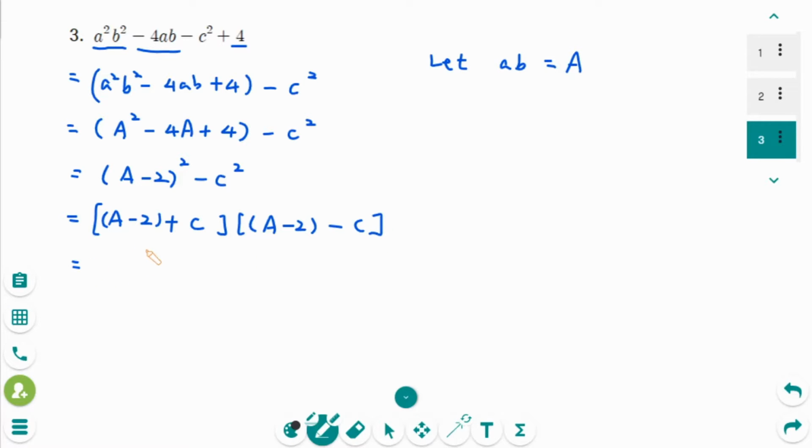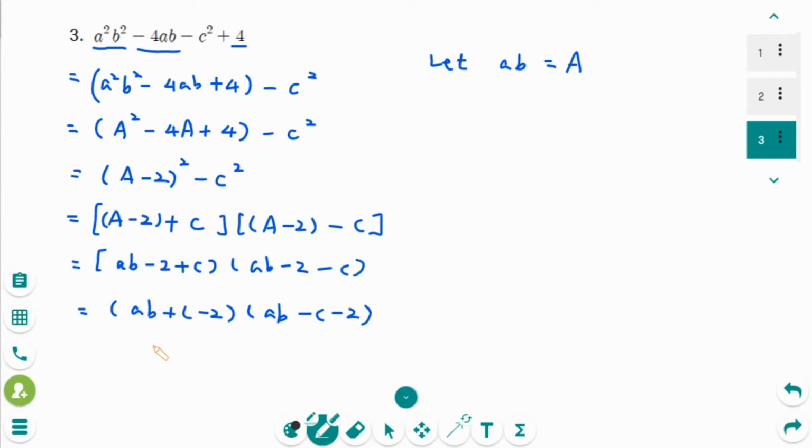Then go back to the original. So large A means ab. So ab minus 2 plus c, ab minus 2 minus c. I want to rewrite as ab plus c minus 2, ab minus c minus 2. This is the final factored form.